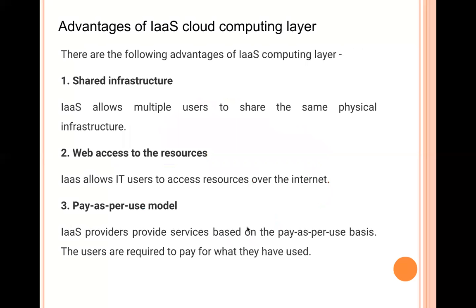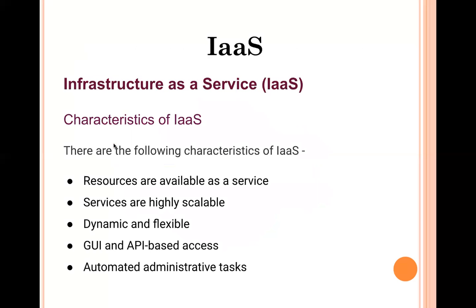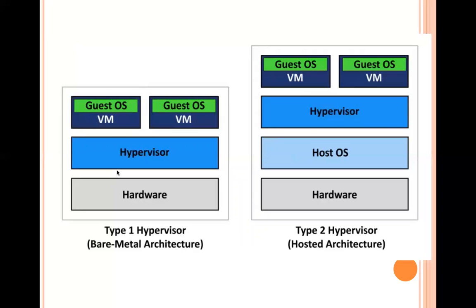So these four services are provided by the IaaS provider: compute, storage, network, and load balancer. Next, here are some advantages of IaaS. The first is shared infrastructure. As we have seen, multiple users share the same physical infrastructure by virtualizing it. Upon one hardware, the hypervisor, that high abstraction layer, is there, and on the hypervisor multiple virtual machines are created.